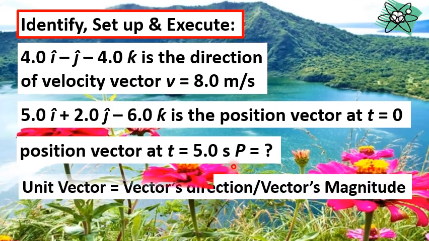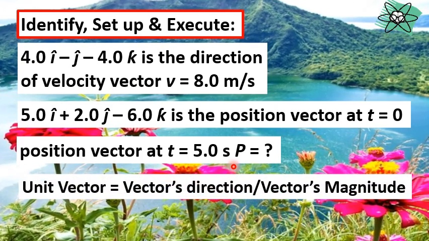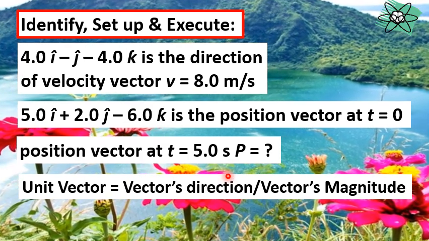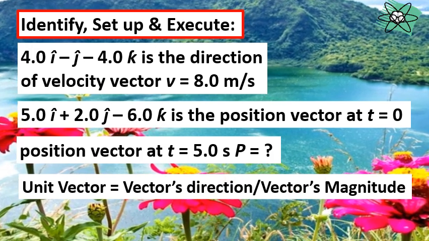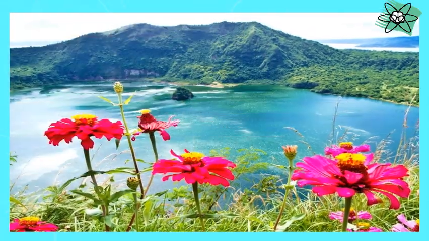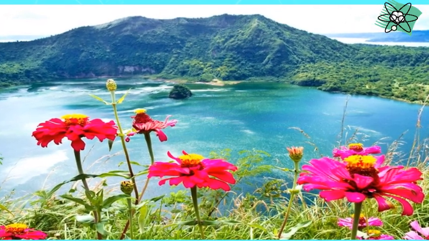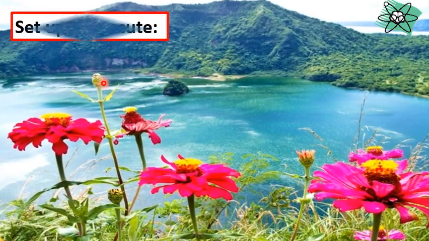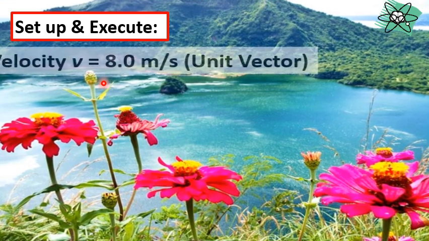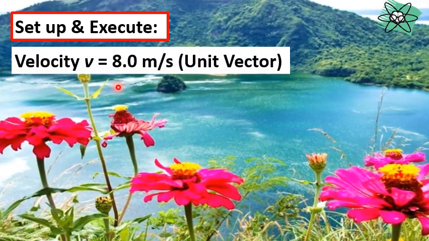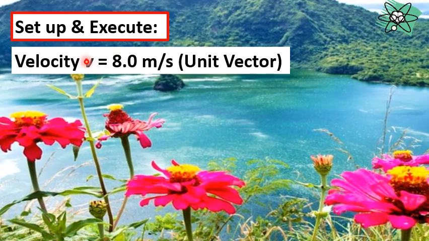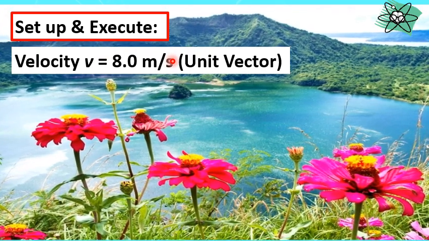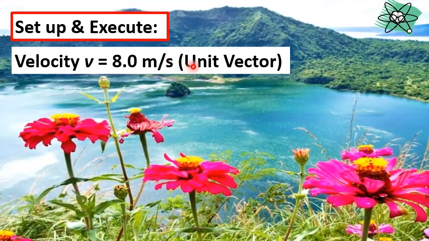And our computation starts with getting the unit vector, that is, dividing the vector's direction by the vector's magnitude. The velocity vector can then be expressed in terms of the unit vector multiplied by 8.0 meters per second.